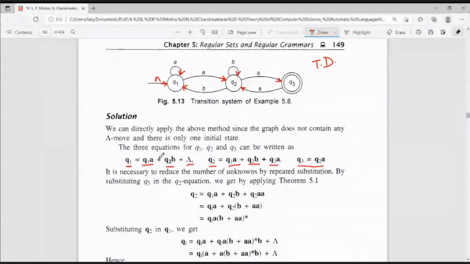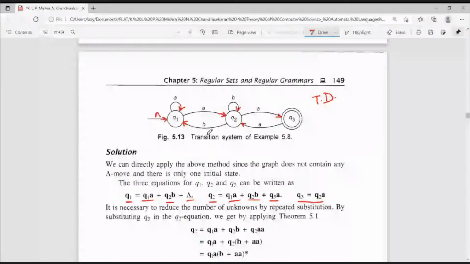We can simplify and do some rearranging, like what we do in algebra. The main goal is to derive an equation for q3, because q3 is the goal state. Whatever expression we get for q3 will be the language accepted by this model.